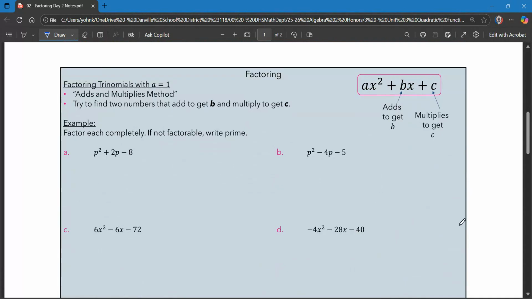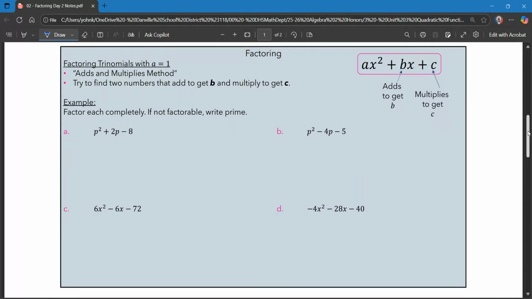All right, the next type of factoring. Remember we talked about greatest common factor and we talked about difference of two squares in the last video. Today we're going to learn how to factor a trinomial with a equals 1. So a trinomial is a polynomial that has 3 terms, so it's going to look something like up here in the pink box, ax squared plus bx plus c.